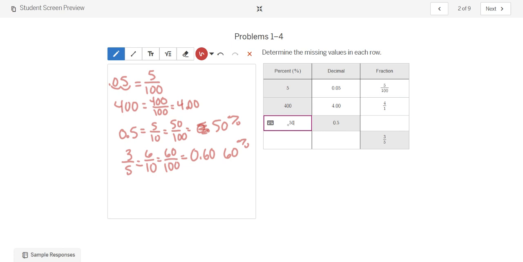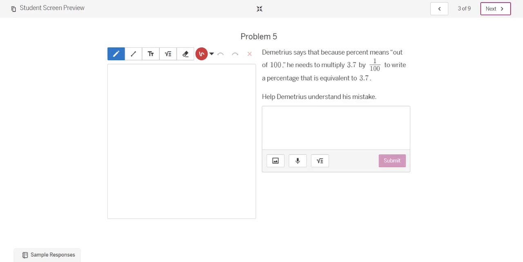Percent, that's 50%. As a fraction, 50% is 1/2, but I can put 50 over 100. This was 60%, 0.60.